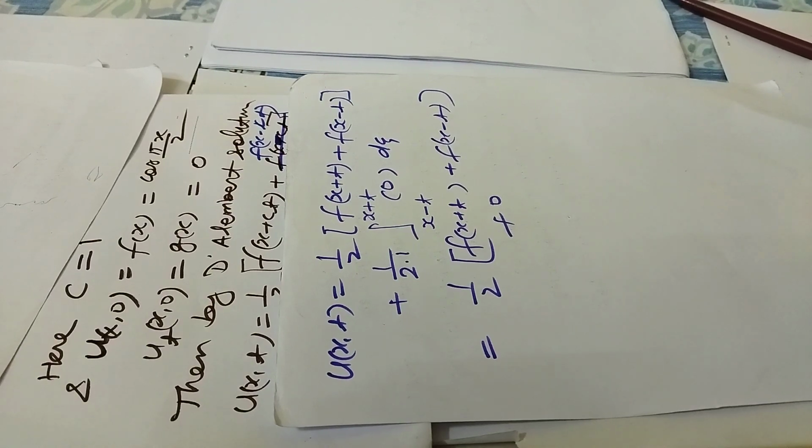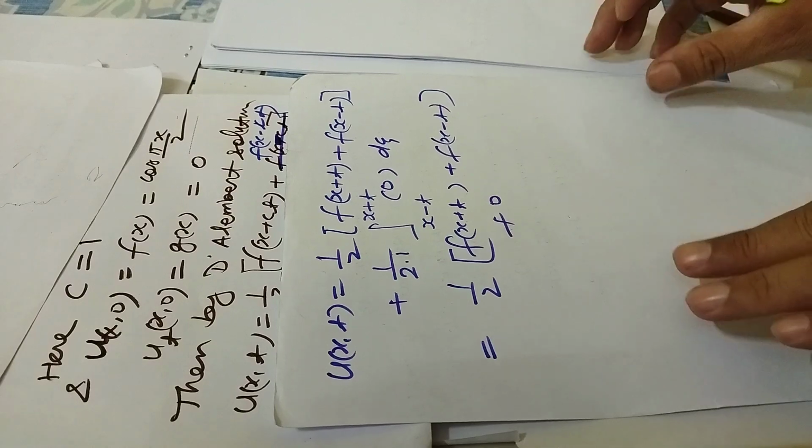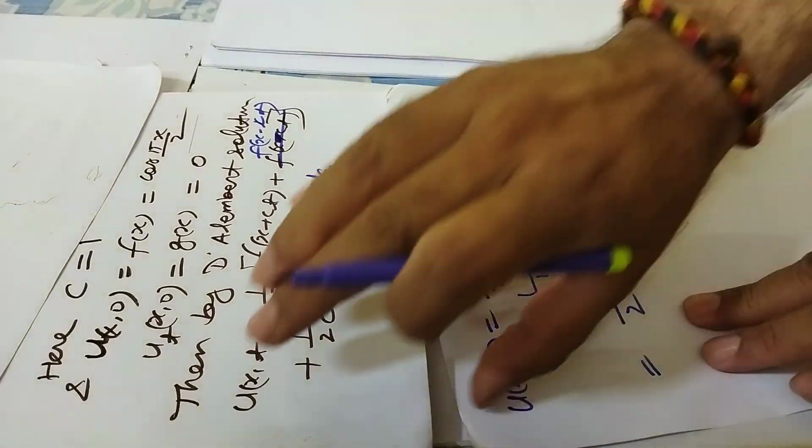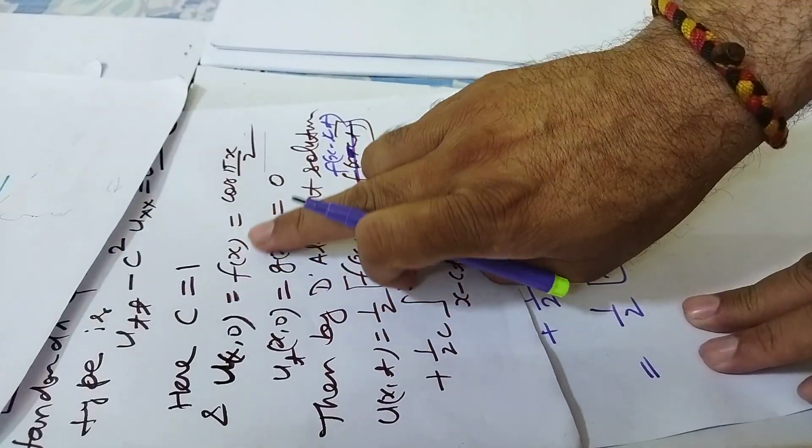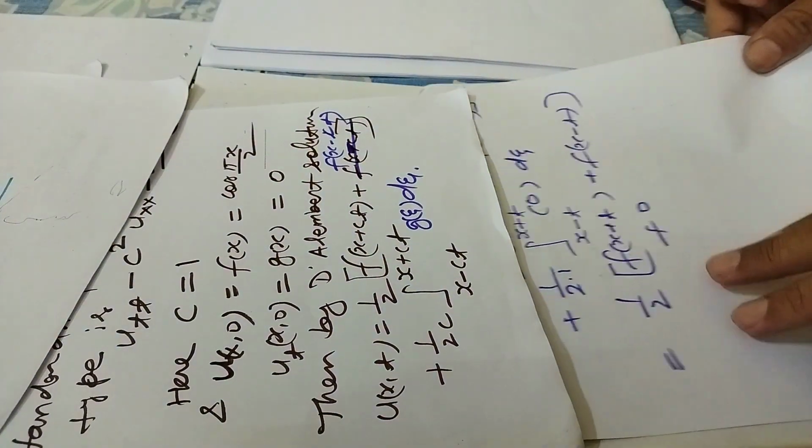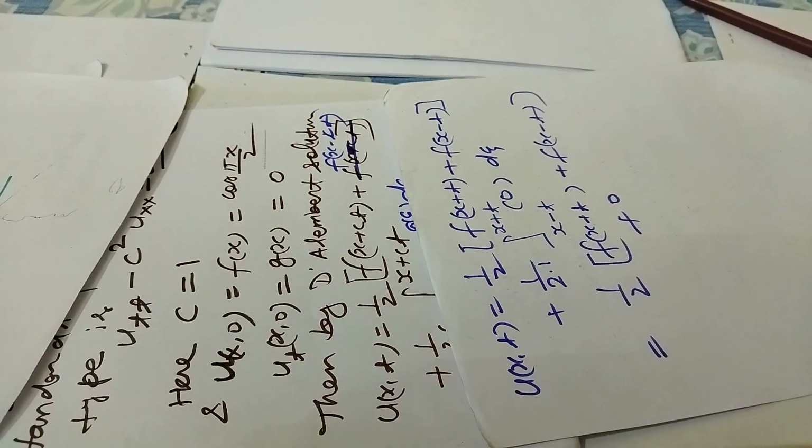Now we take the steps accordingly. What is f? As we see here, f is equal to cos(πx/2).